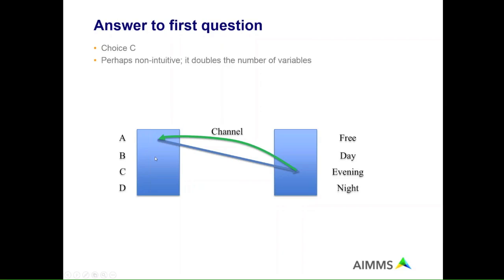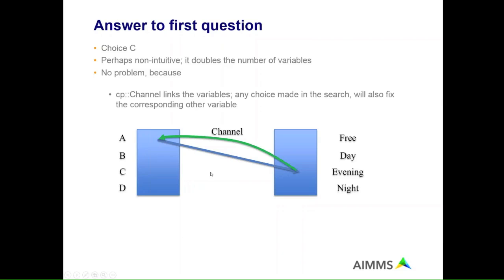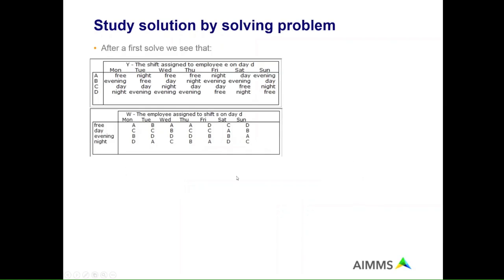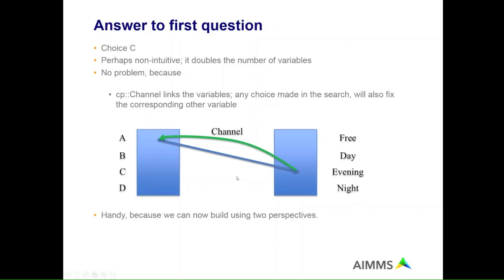Look at the channel constraint. Suppose the first variable is fixed for a particular value. Let's say this one is fixed here, but given this choice, the deduction of constraint programming immediately fixes another variable due to the channel, and so for each choice made on this first variable, we can link the second variable as well.